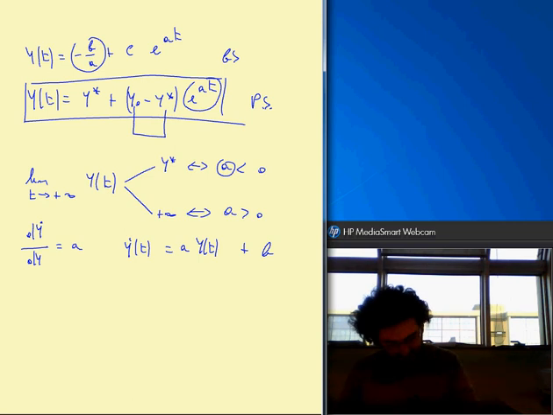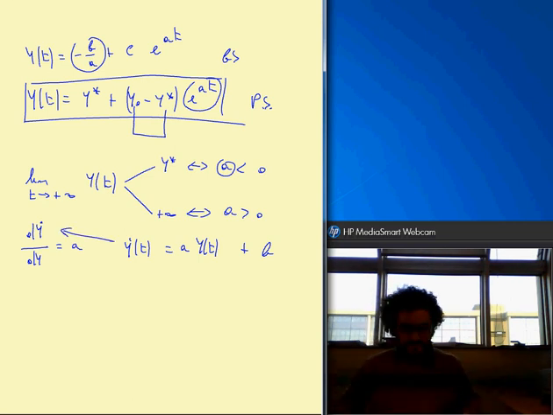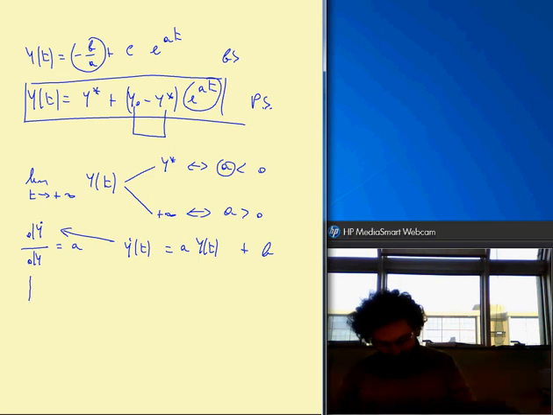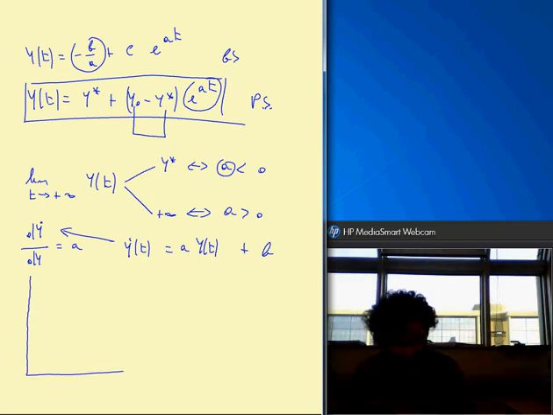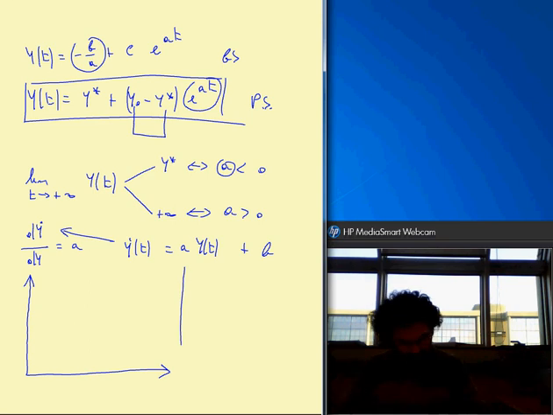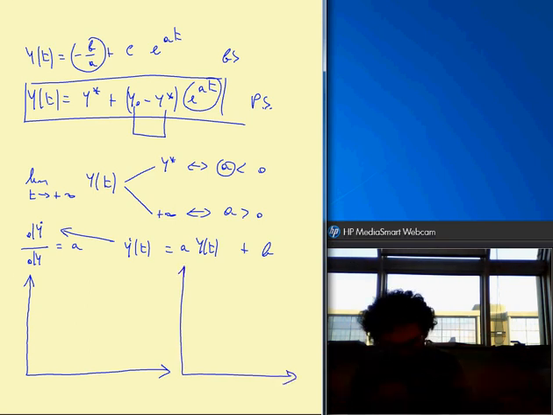So the derivative of y dot with respect to y is equal to a, and we can draw the so-called phase diagram, in which we have y dot with respect to y.